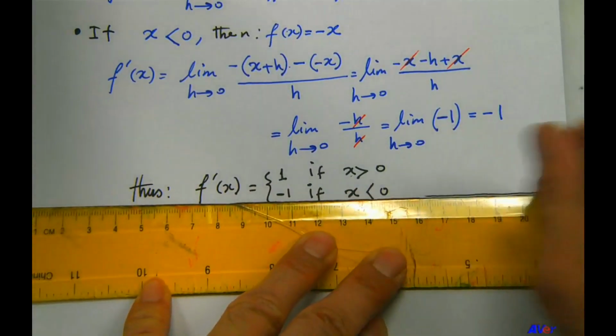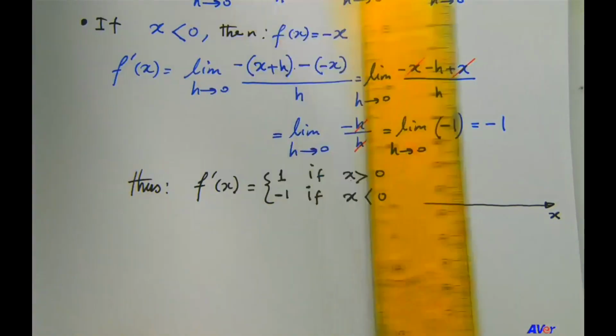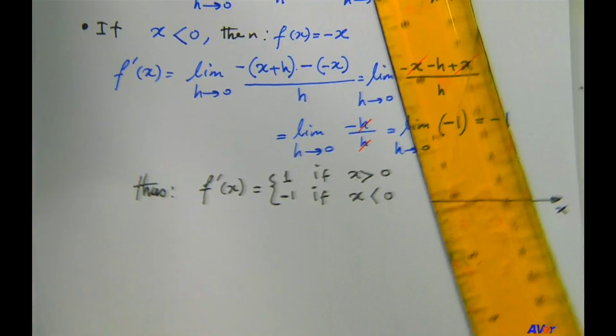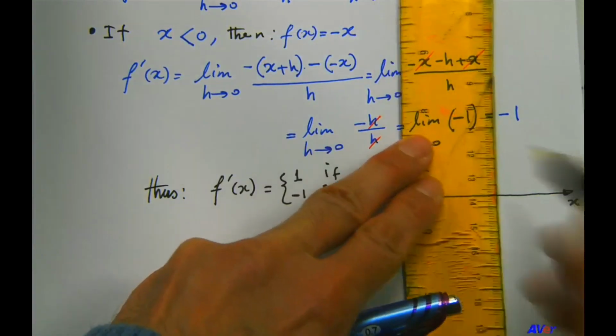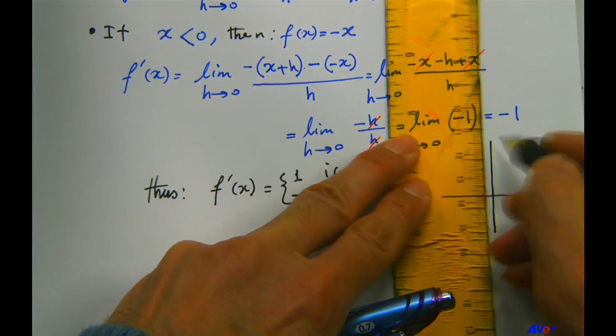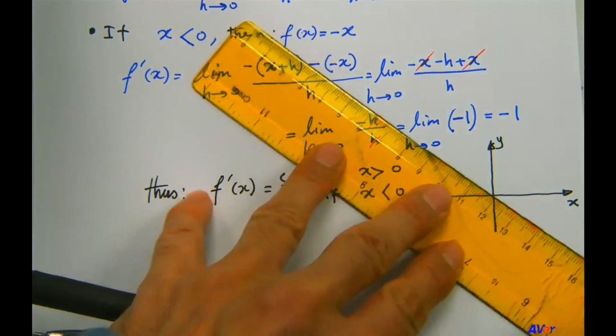So if we draw a quick graph of the absolute value function, we have this kind of figure or graph.